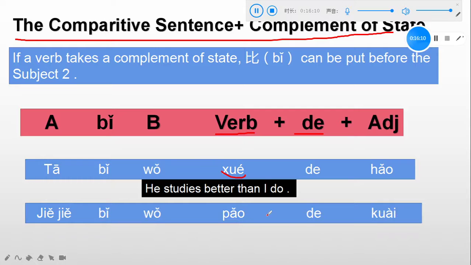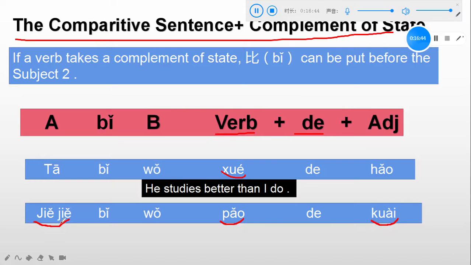Now example 2. 姐姐比我跑得快。跑, remember? 跑 or 跑步 means running. So as a verb, 跑 means to run. 快, remember? 快 means quick or fast. We learned it. 跑得快, ran faster. So subject 1 is 姐姐.